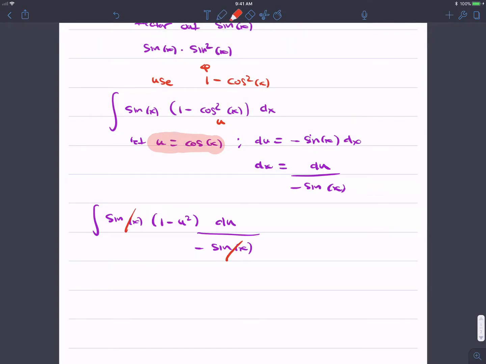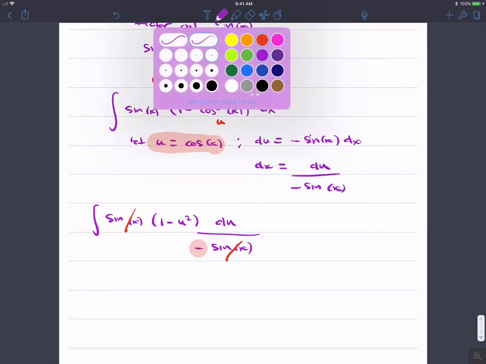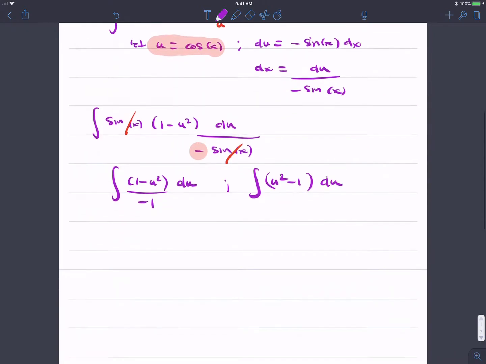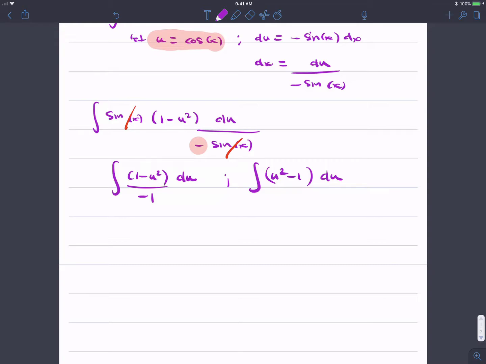And I'm left here with that negative sign. So that's a constant. We have 1 minus u squared now, du over negative 1. What this will give me is u squared minus 1 du. See, when I divide here by negative 1, my terms become opposite.